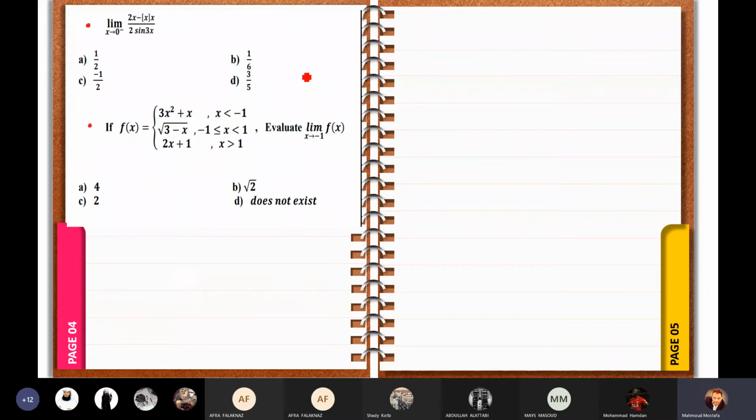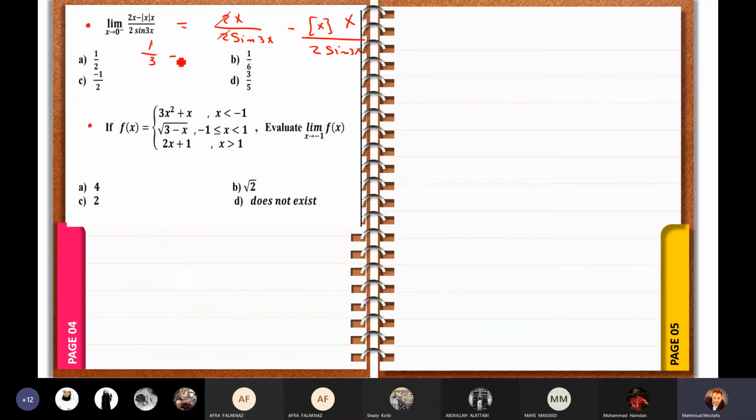So the answer will be 1 over 2. Again, girls, here we can put 2x over 2 sine 3x minus integer x multiplied by x over 2 sine 3x. This one is 1 over 3.